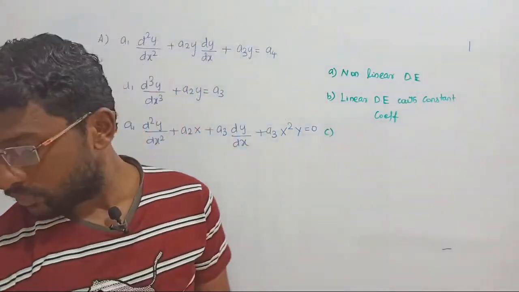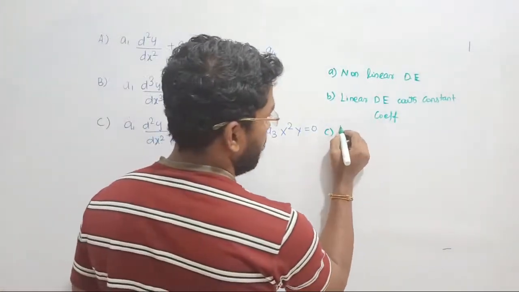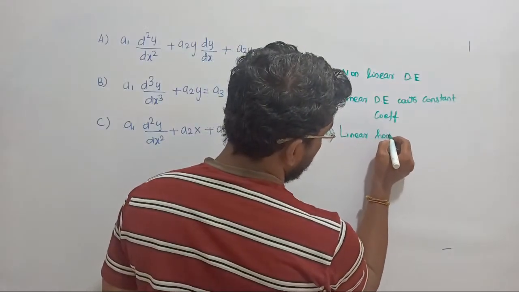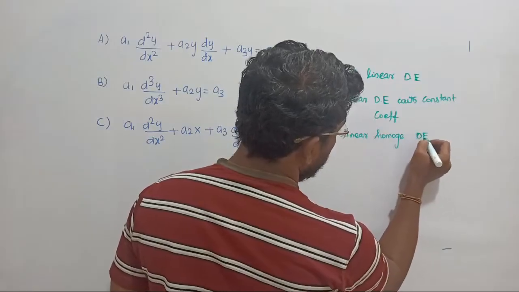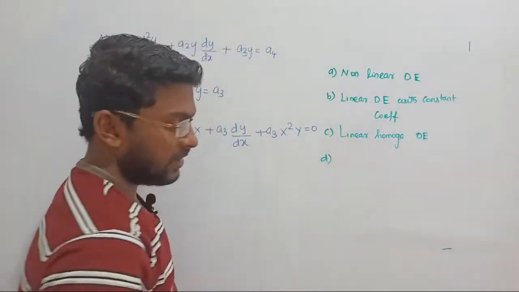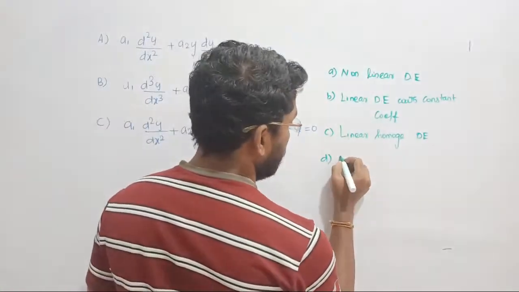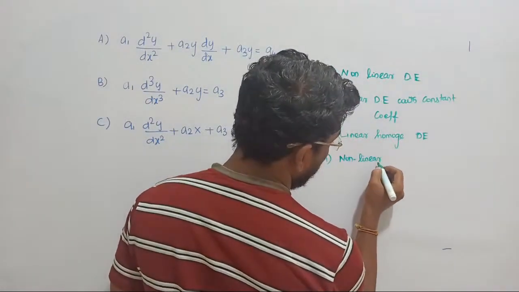Option C, linear homogeneous differential equation. In option D, they said non-linear homogeneous differential equation, right?